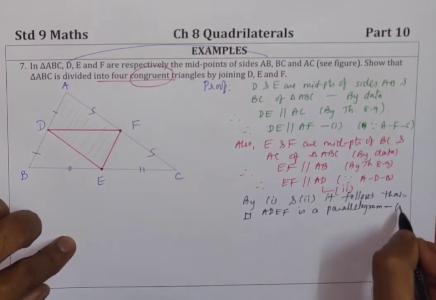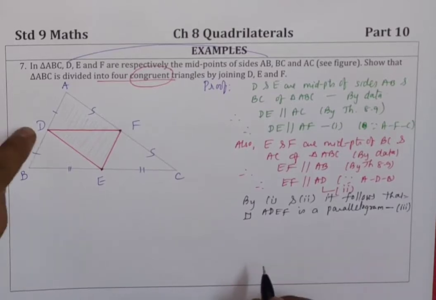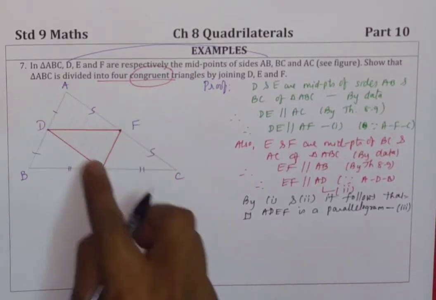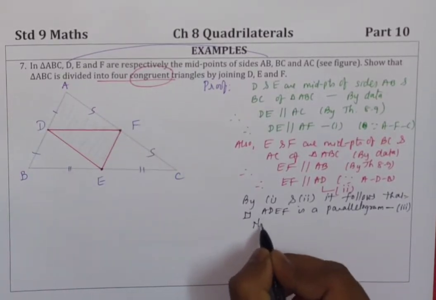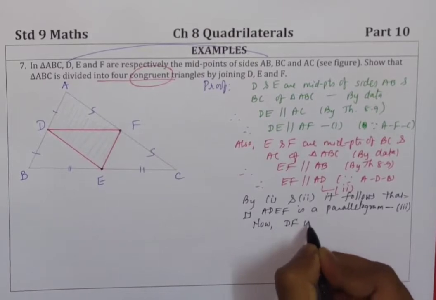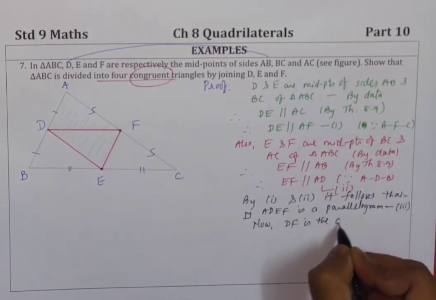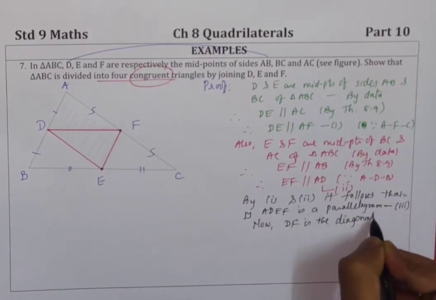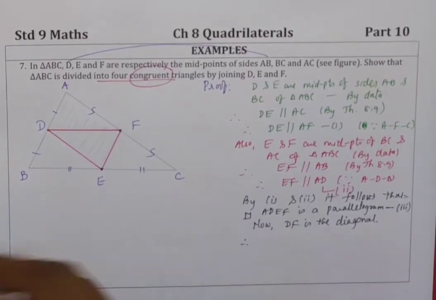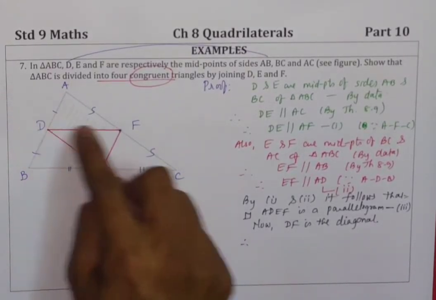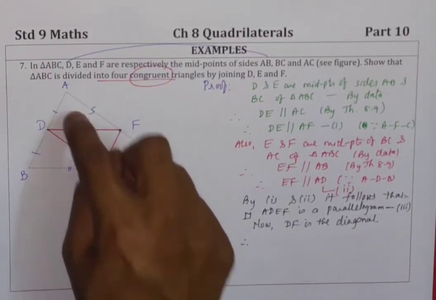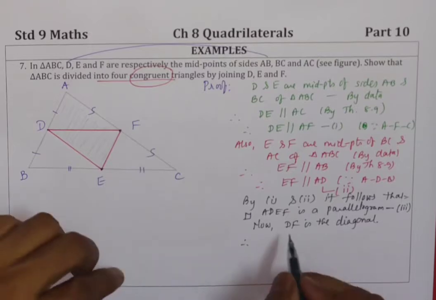Result 3. Now DF is the diagonal of that parallelogram. Therefore, children, you have already proved that a diagonal divides the parallelogram into two congruent triangles.